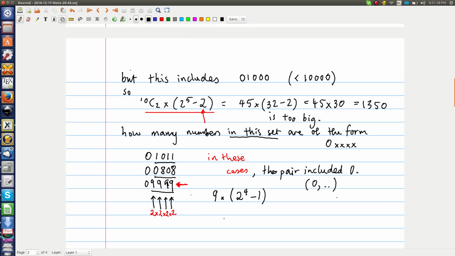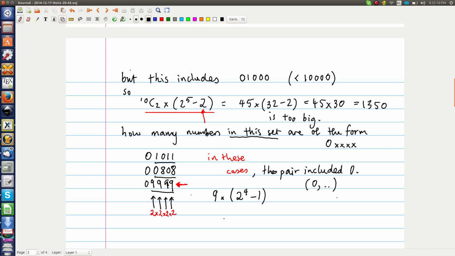I hope that's clear. Let me think. Oh, that was it. I've remembered now. Sorry. It is quite confusing actually.